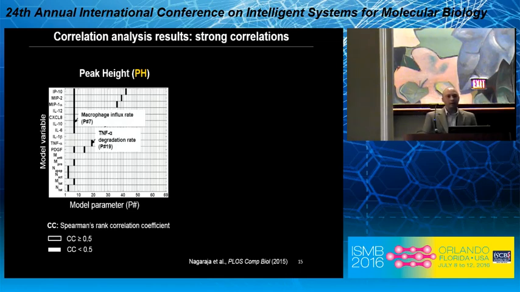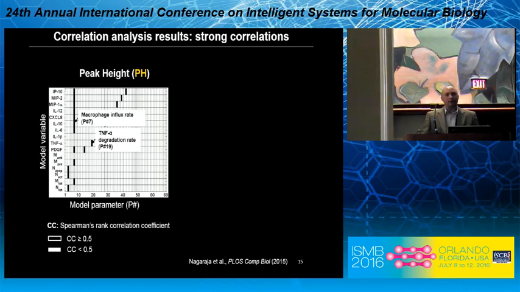And the black rectangles in the figure show you the situation where the correlation coefficient between the model parameter and the model variable exceeded or was at least 50%. So here we can see that the macrophage influx rate was strongly correlated, in fact, with several model variables for which we calculated the peak height, not just with the macrophage abundance.